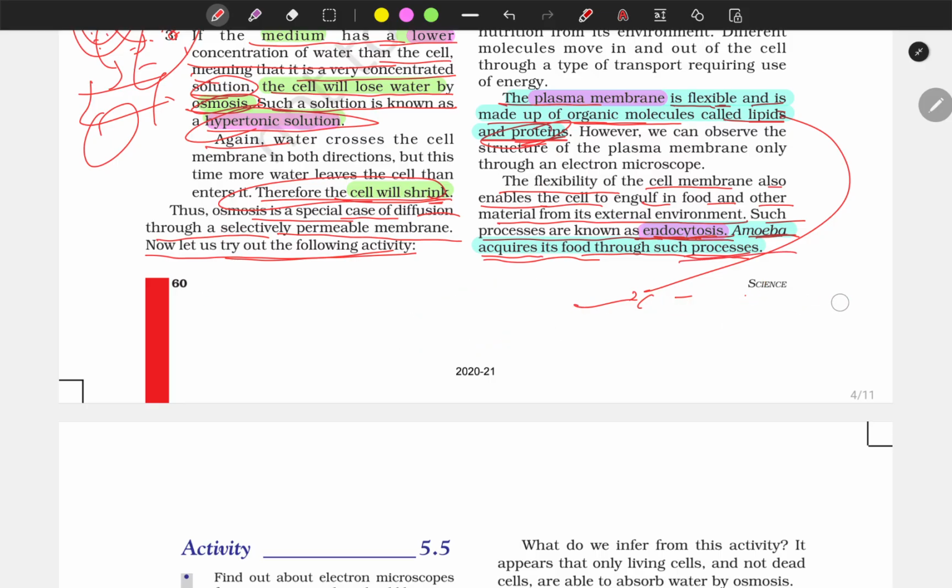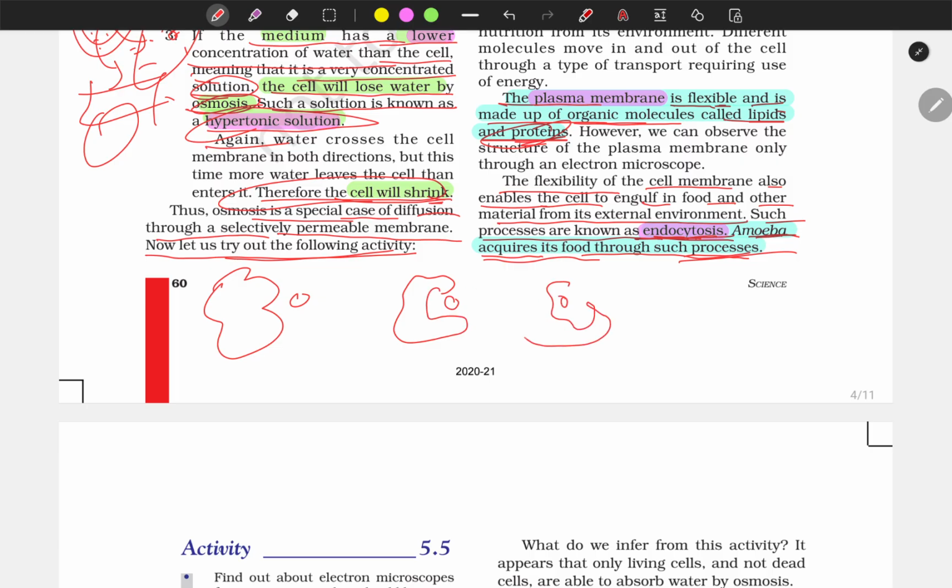Let me also explain this. Suppose this is an amoeba and this is food. The amoeba absorbs the food this way, and ultimately the amoeba will finally absorb the food inside it.